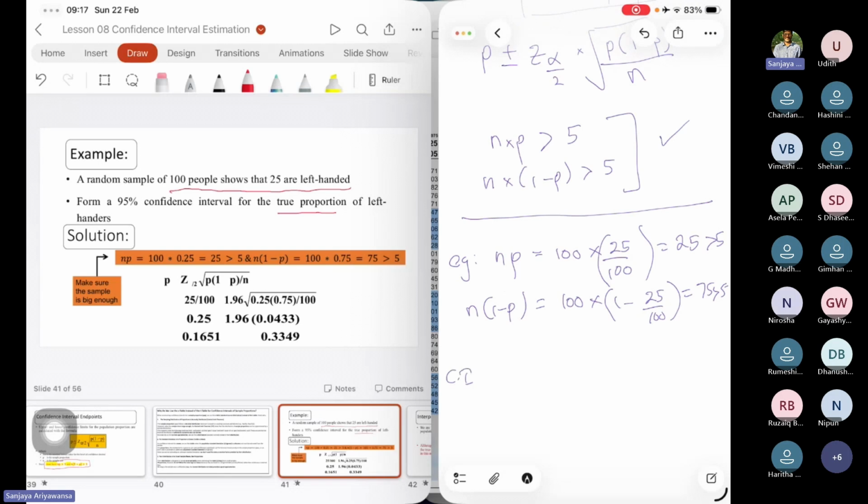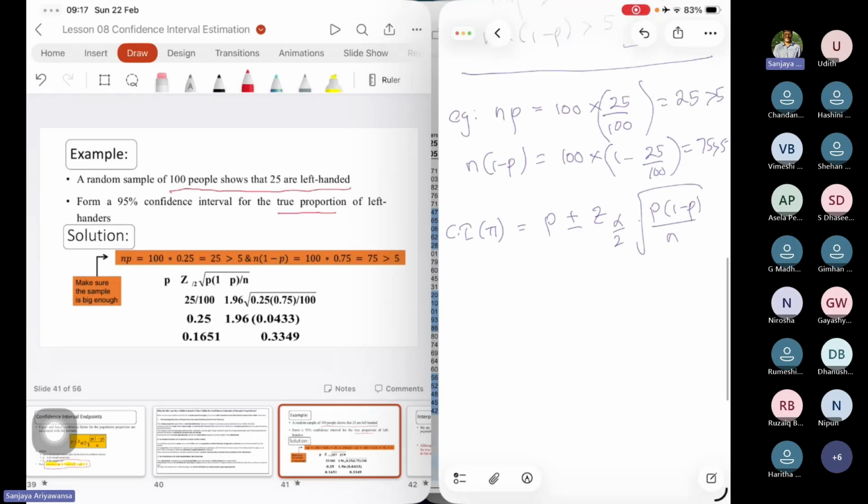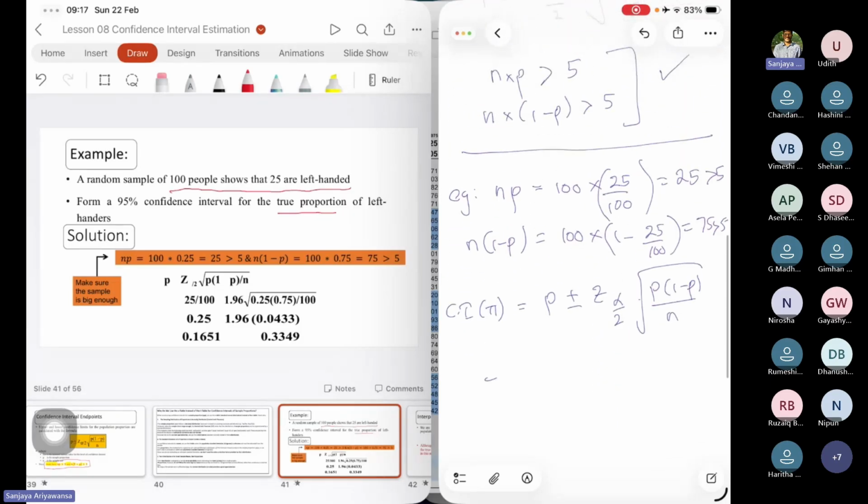Then the confidence interval for the true proportion, which is given by pi, is equal to P plus or minus Z alpha over 2 times the standard error, the square root of P times 1 minus P over n. What is the sample proportion in this case? It's 25 over 100.